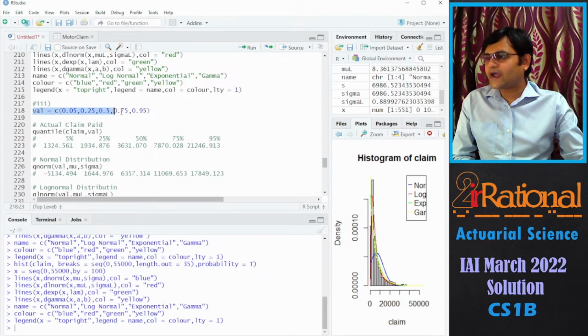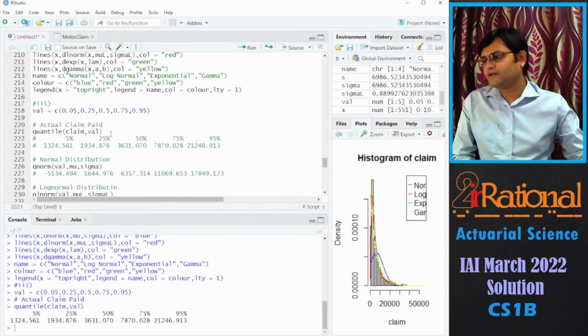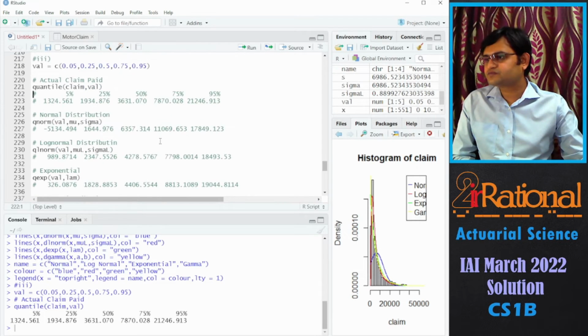So I have taken all the values: 5th percentile, 95th percentile, first quartile, median, and second quartile values as a vector. Then for the actual claim paid, it will be quantile, claims, comma, values. Here we get each one of them.